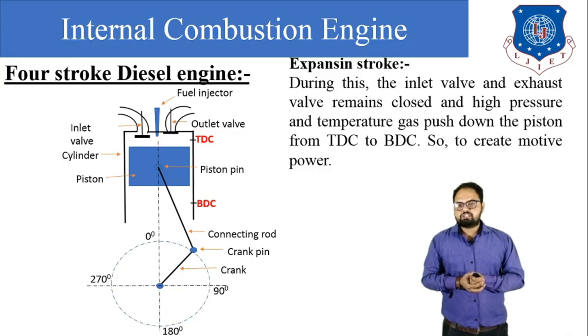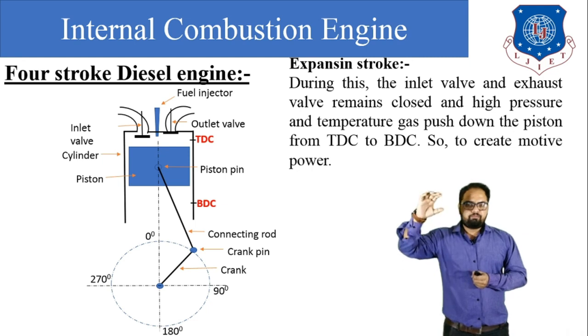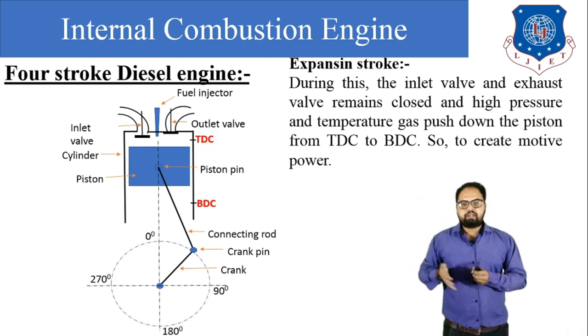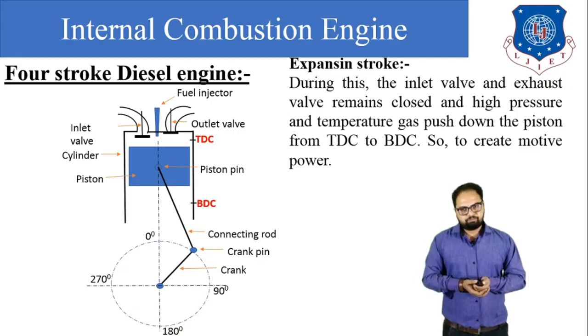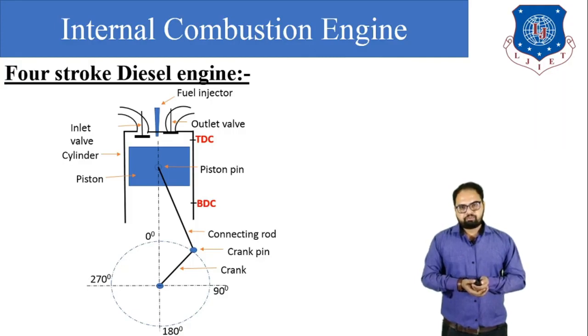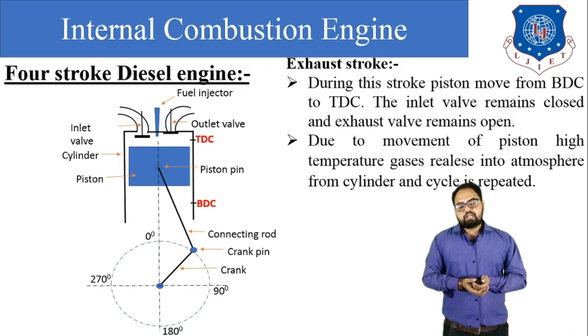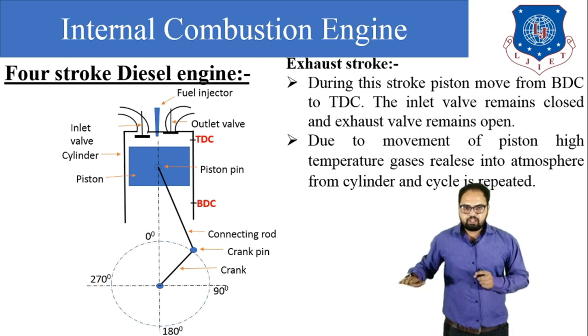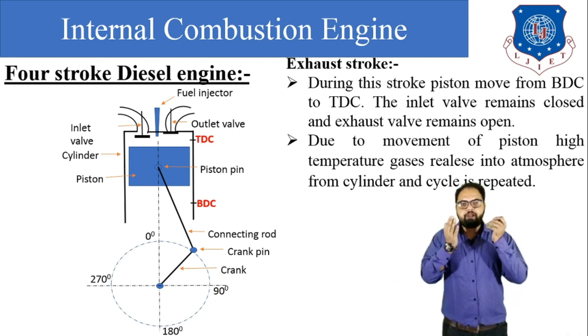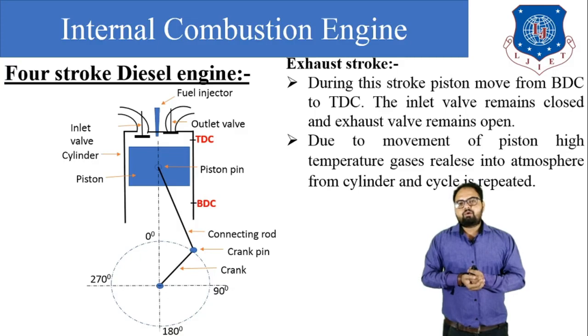inside the engine cylinder, and this power will transfer from the connecting rod to the crankshaft, and mechanical work is generated. Okay. The next stroke is the exhaust stroke. As we know that right now the piston is at BDC, the whole cylinder is completely filled with the hot flue gas.